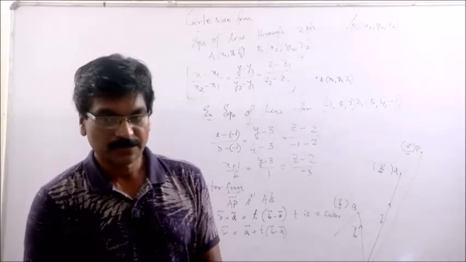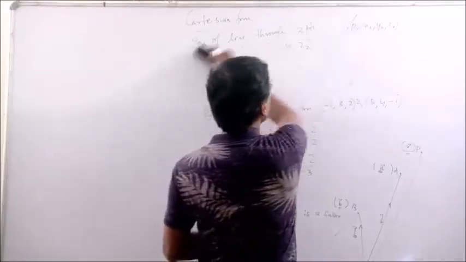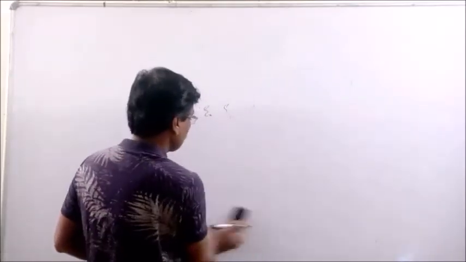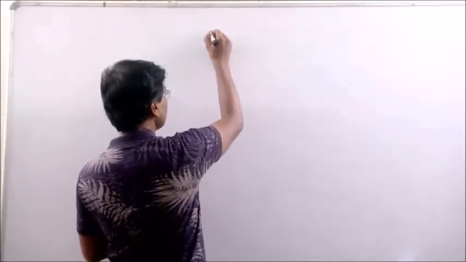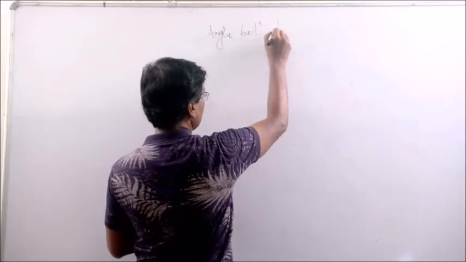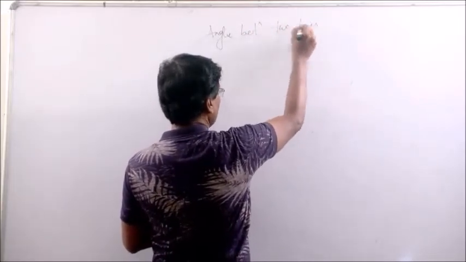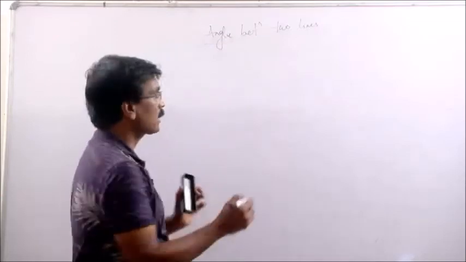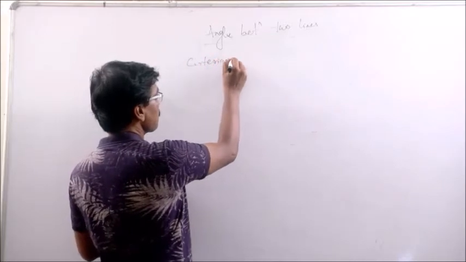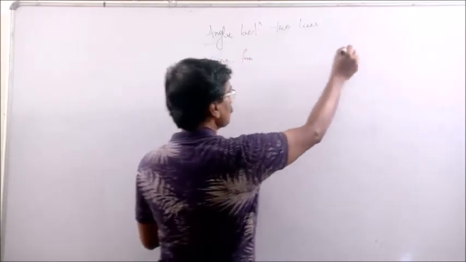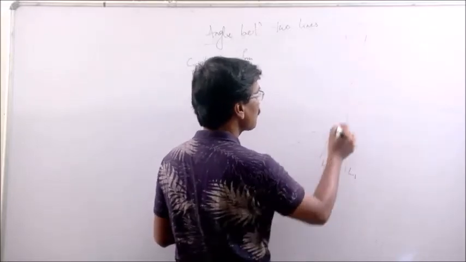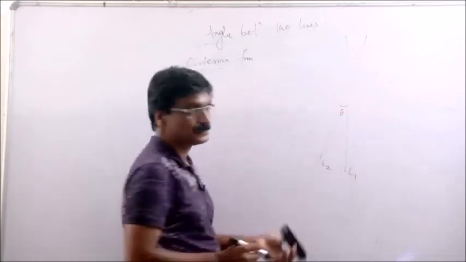Next we have the angle between two lines. First we consider it in Cartesian form. Suppose the two lines are L1 and L2 and the angle between them is theta.